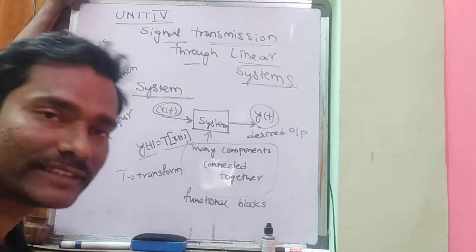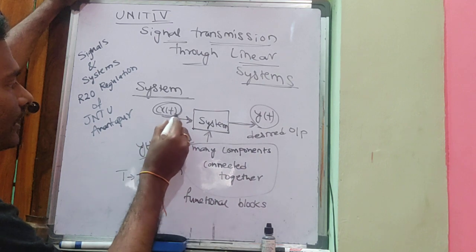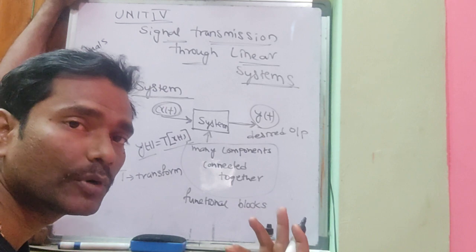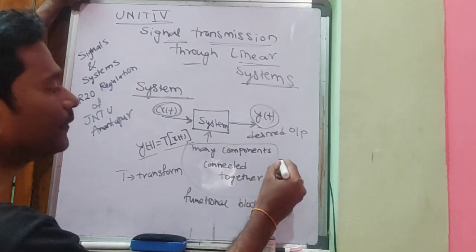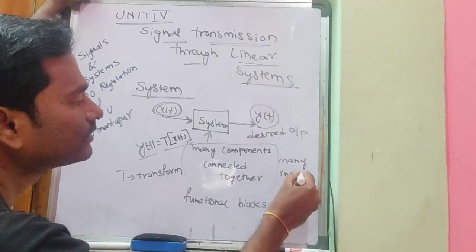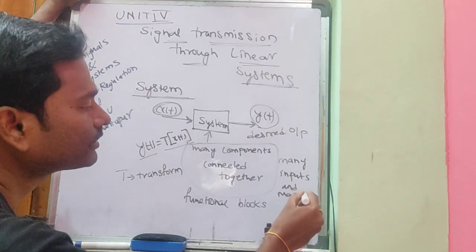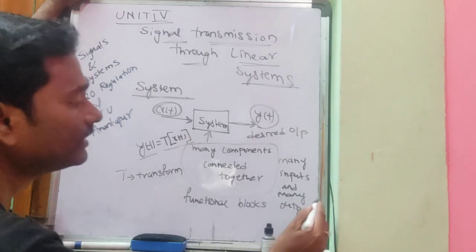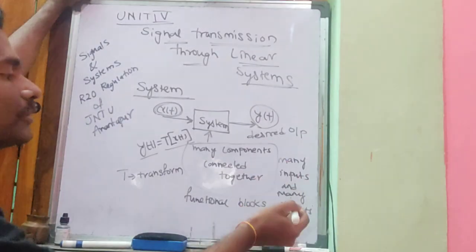So there are lots of examples of systems. Before looking at the examples, systems can take many inputs and have many outputs, but we are not concentrating on many inputs and many outputs in this subject.